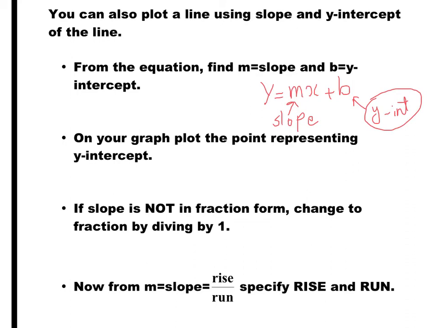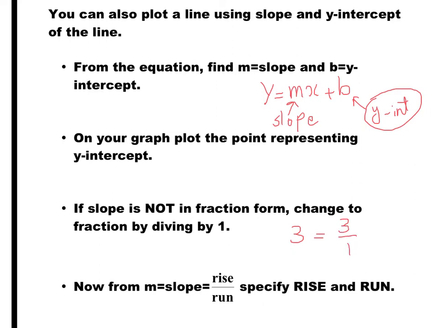If the slope is not in fraction form, what you do is that you are going to write the slope as a fraction divided by 1. Meaning, for instance, if the slope is 3, you know that 3 is the same as 3 over 1.